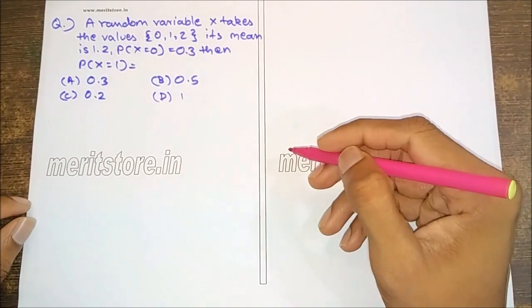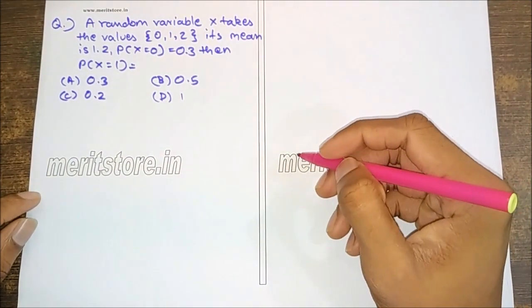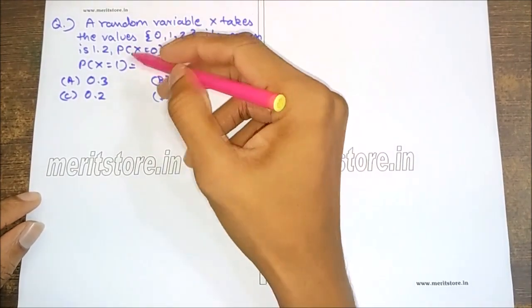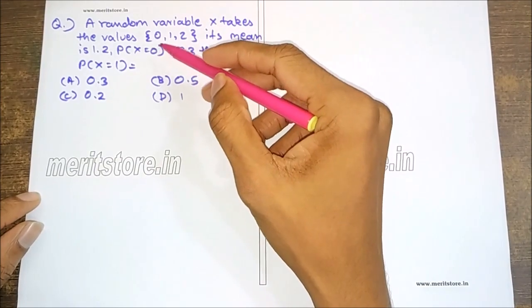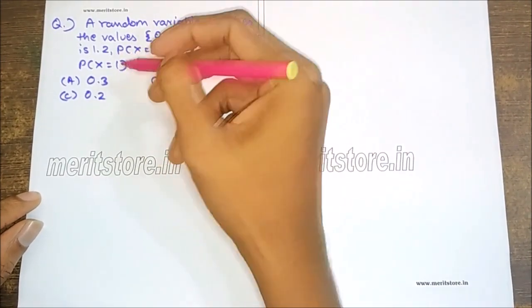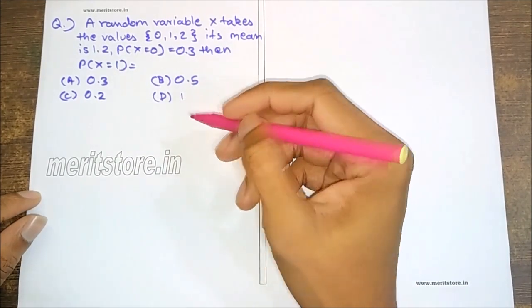Let's see MCQs on probability distribution. A random variable x takes the value 0, 1, 2. Its mean is 1.2. Therefore, probability of x is equal to 0 is equal to 0.3. Then p of x is equal to 1 is equal to, we have 4 options over here.